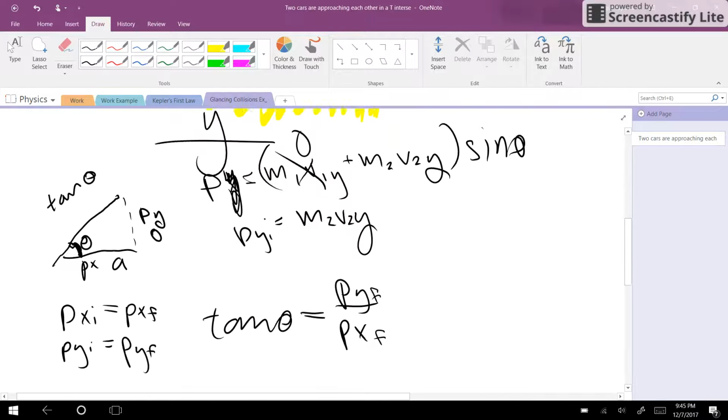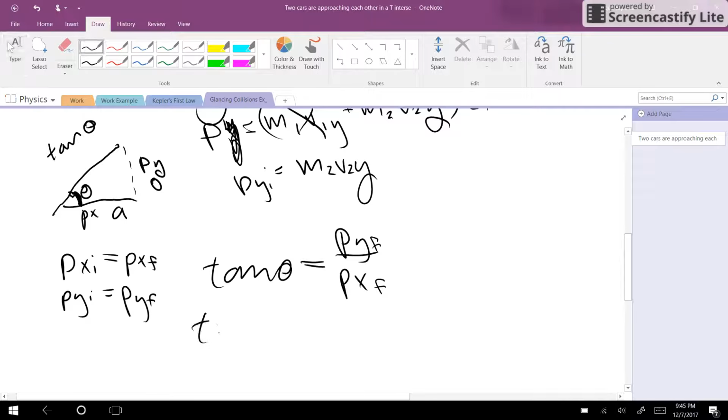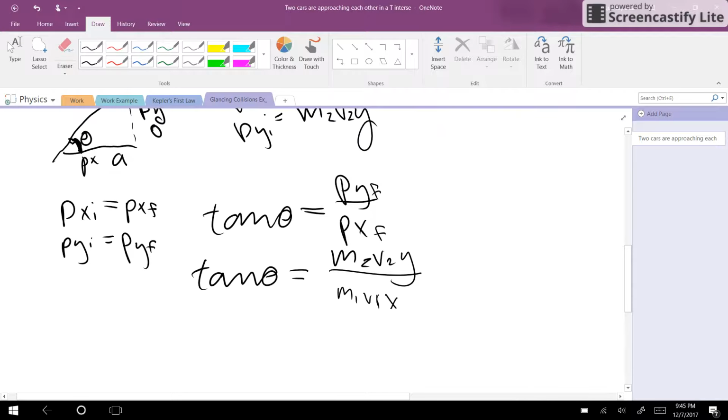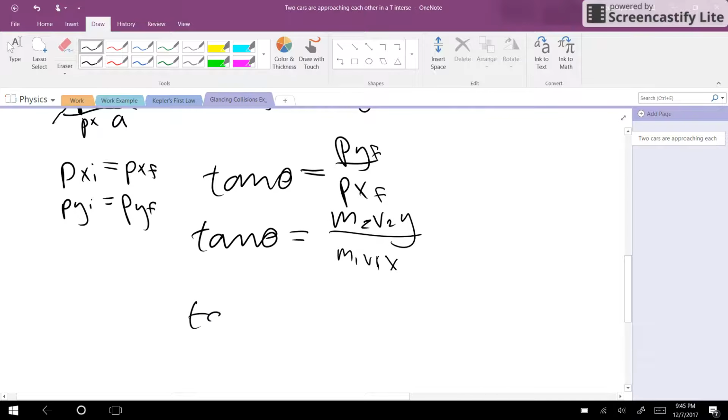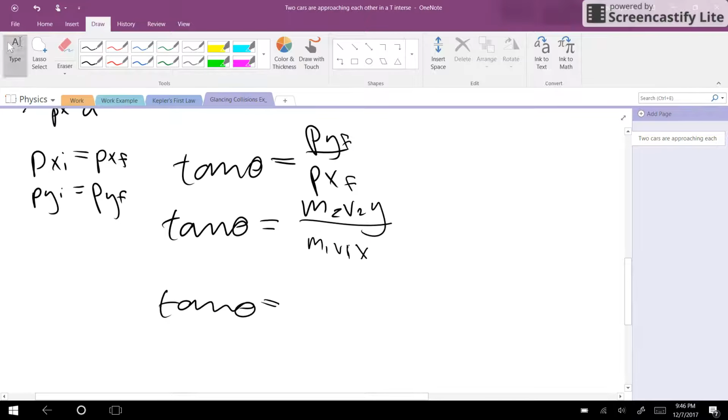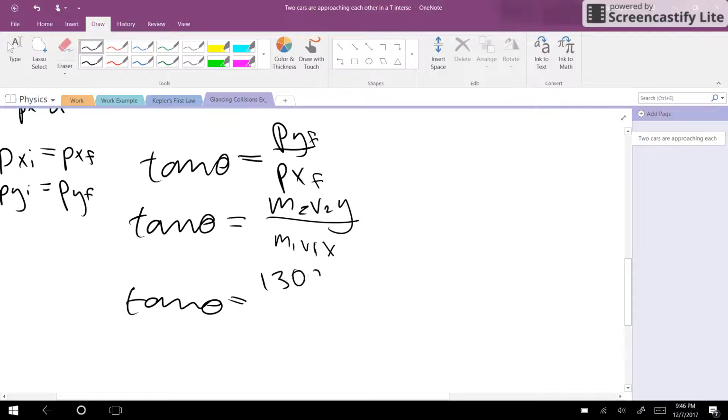So we can just say tangent theta is going to equal m2 v2y over m1 v1x. And we can elaborate on this: 1305 times 5 meters per second, over 1100 times 23 meters per second.